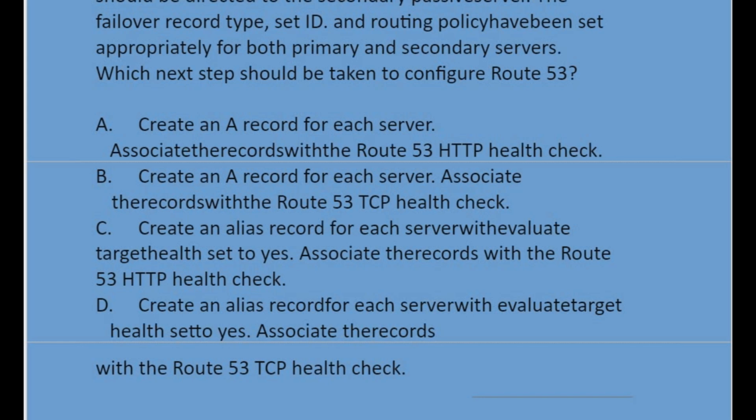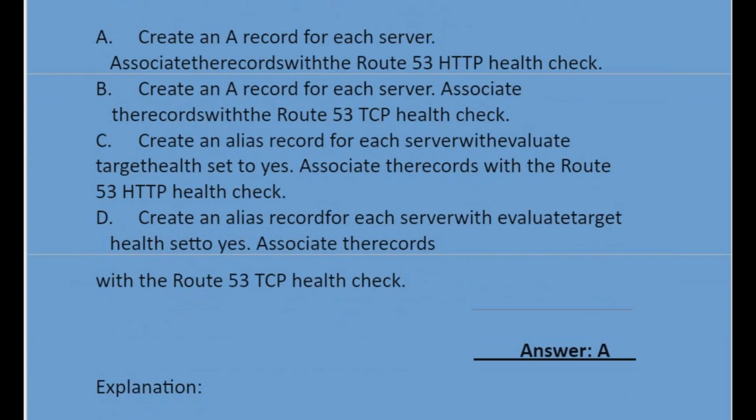Associate the records with the Route 53 HTTP health check. Option D, create alias records for each server with evaluate target health set to yes. Associate the records with the Route 53 TCP health check. Correct answer is option A.